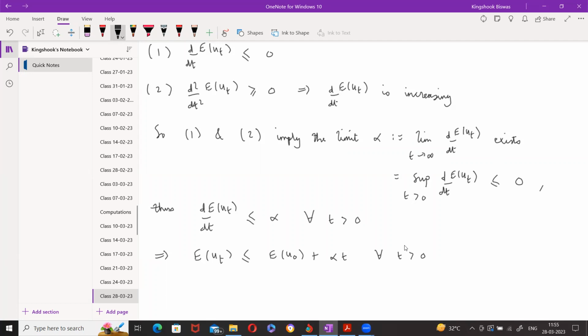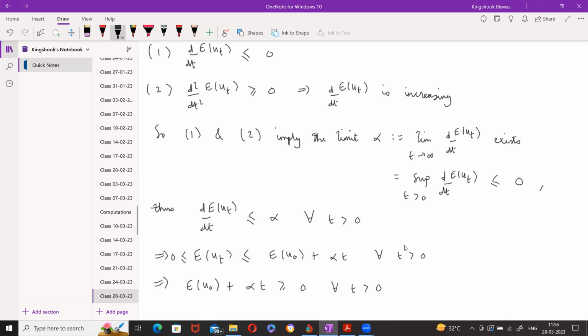But on the other hand, the energy of u_t is greater than or equal to 0. So that means that the energy of u_0 plus alpha t is greater than or equal to 0 for all t. But alpha is less than or equal to 0.